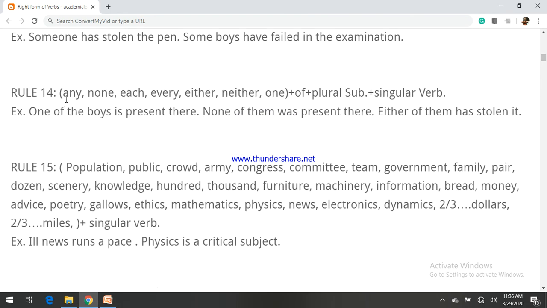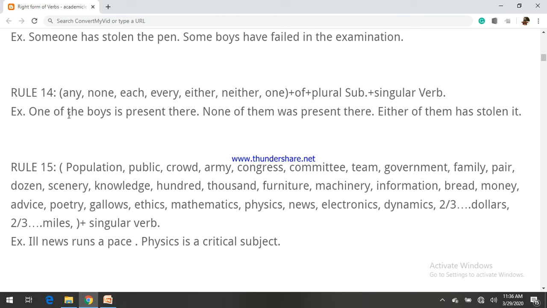Rule 14. Any, none, each, every, either, neither, or one, plus of, plus plural subject, plus singular verb. The American pronunciation is either or neither; both are correct. Let's see: one of the boys.